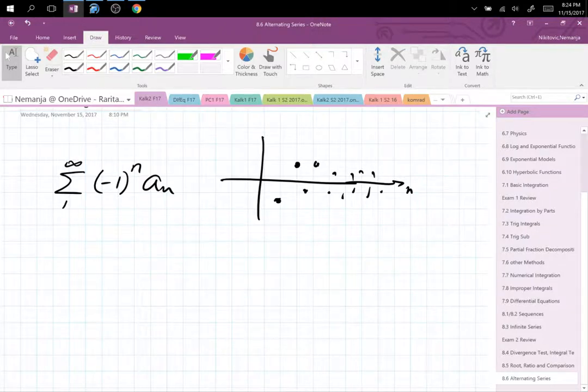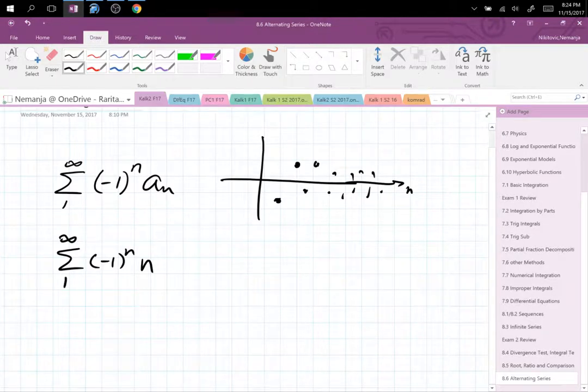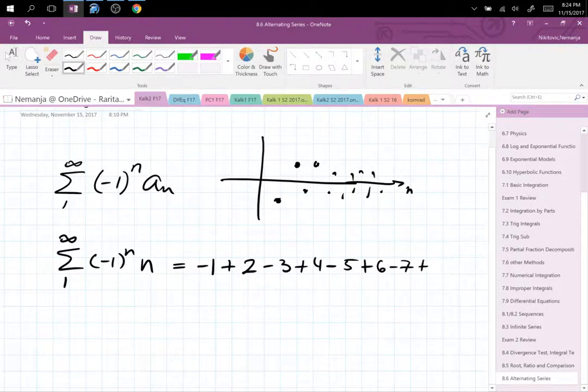We can just look at the sum of -1 to the n times n from 1 to infinity. So when n is equal to 1, you have the first term to be -1, and then when n is equal to 2, which is the next term, -1 squared is +1, so this becomes +2, and then -3, and then +4, -5, +6, -7, +8.